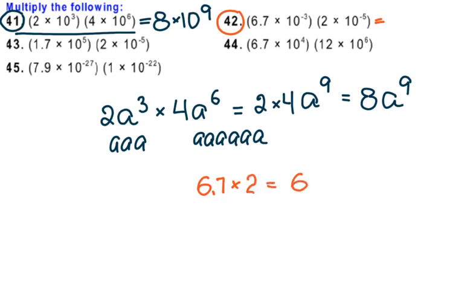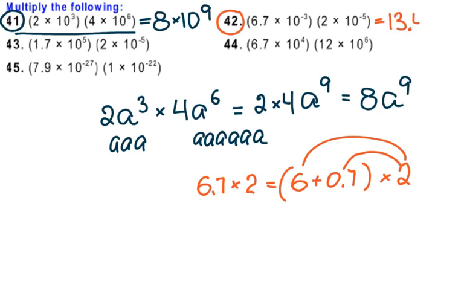It's the same as 6 plus 0.7 times 2. That is 12, and this is 1.4. So that is 13.4, and the power is -3 and -5, so I have -8.